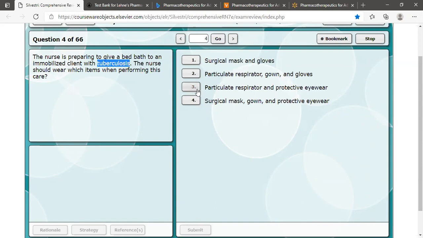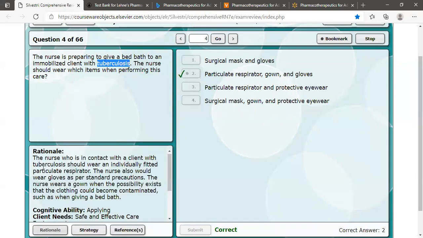Number three says particulate respirator. Number 2 and 3 both have the respirator, but number 3 has the gown and gloves missing. So number 2 is appropriate because respirator, gown and gloves are there. What is the rationale?